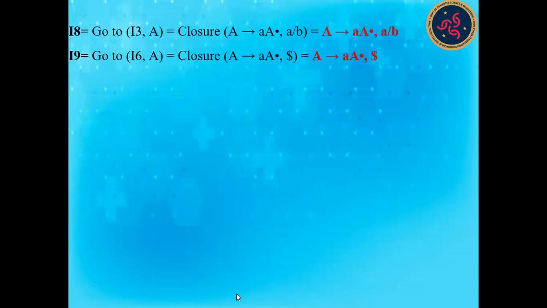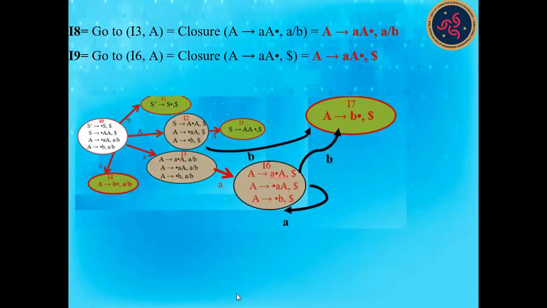So next I'm considering other symbols, that is I3 on A. What is I3? I3 on capital A is considered. That is, here I am having a capital A, so A gives A dot, comma A or B will come. Since this dot is the last symbol, that is a final item, again we need not do anything and we can take the same look ahead symbols here.